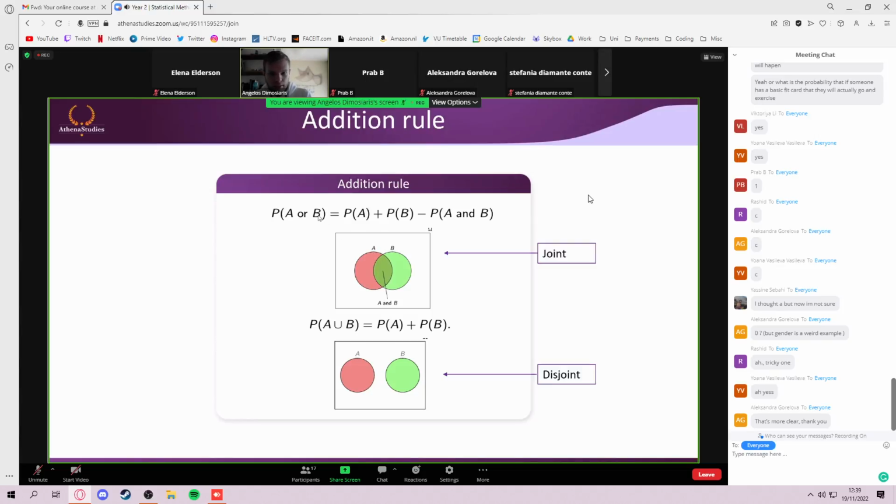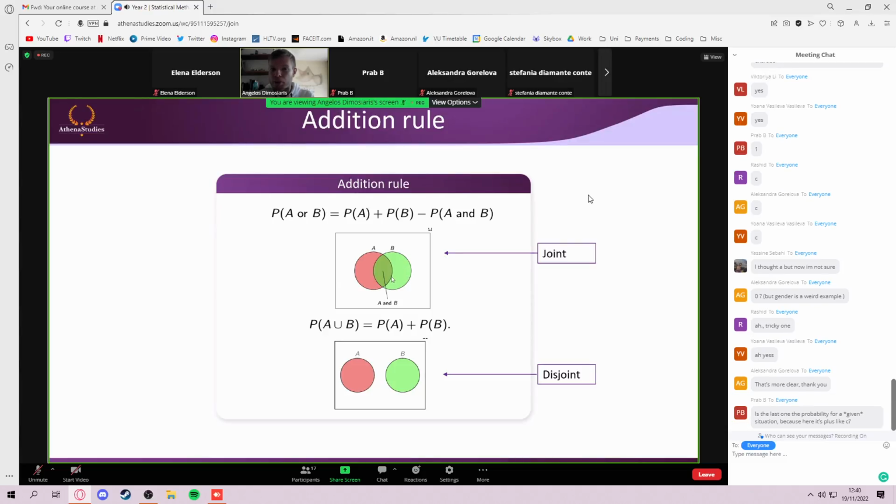Let's see if we can make it easier. Here, we want to see the probability of A or B happening. So we really care about the red space and the light green space. We don't care about the dark green because the dark green is A and B.